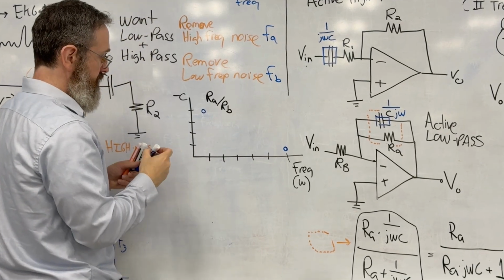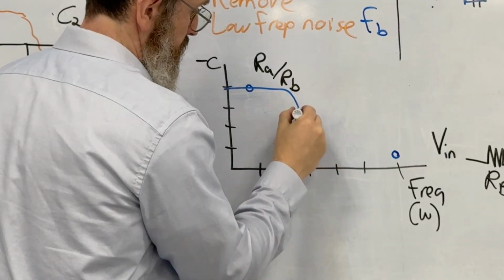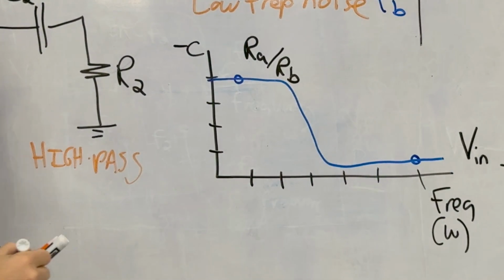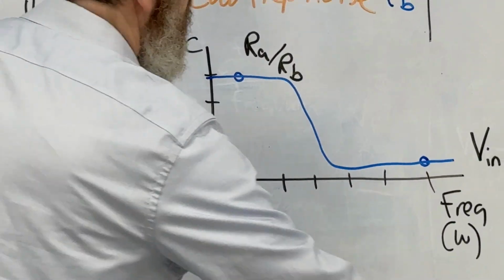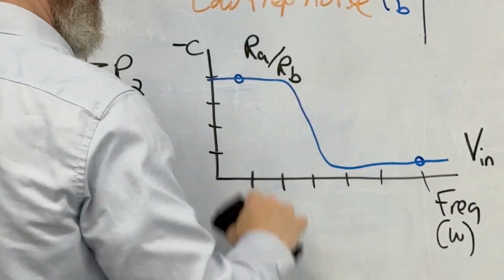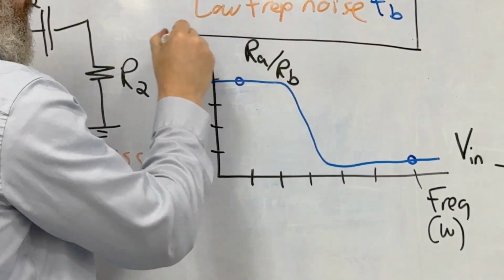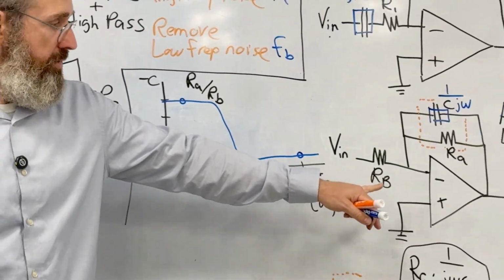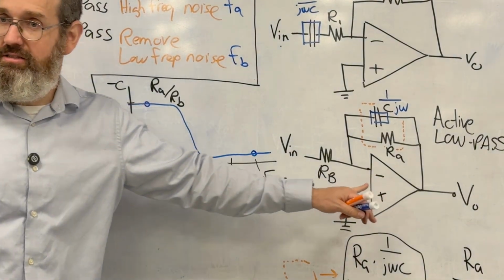And then there's going to be a transition. Well, anyways, this is the picture of this circuit, right? Every circuit has a picture, and the picture is the circuit, and the circuit is the picture.